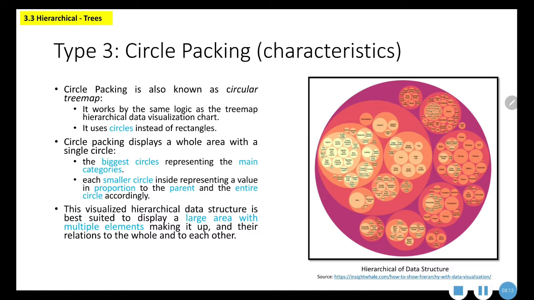Circle packing displays a whole area with a single circle, and the biggest circles represent the main categories or the parent. Each smaller circle inside the bigger circle represents a value that is in proportion to the parent and the entire circle accordingly.